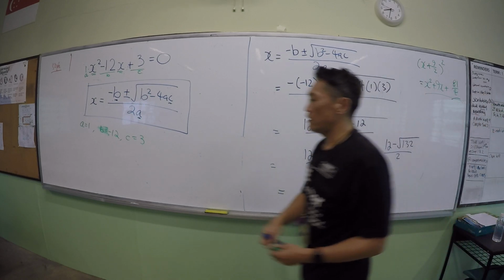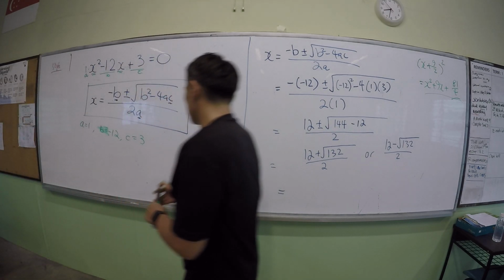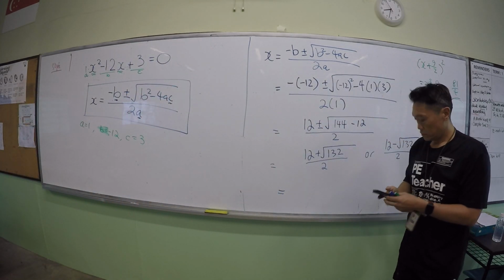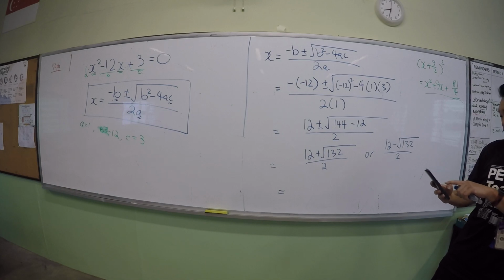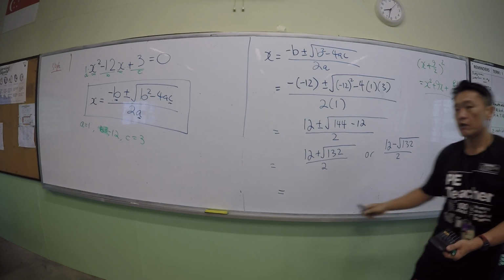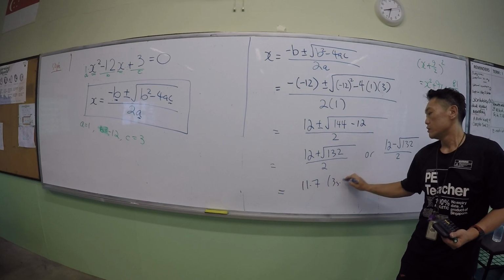Then if I press calculator, 12 plus square root 132 divided by 2, I will have 11.7.